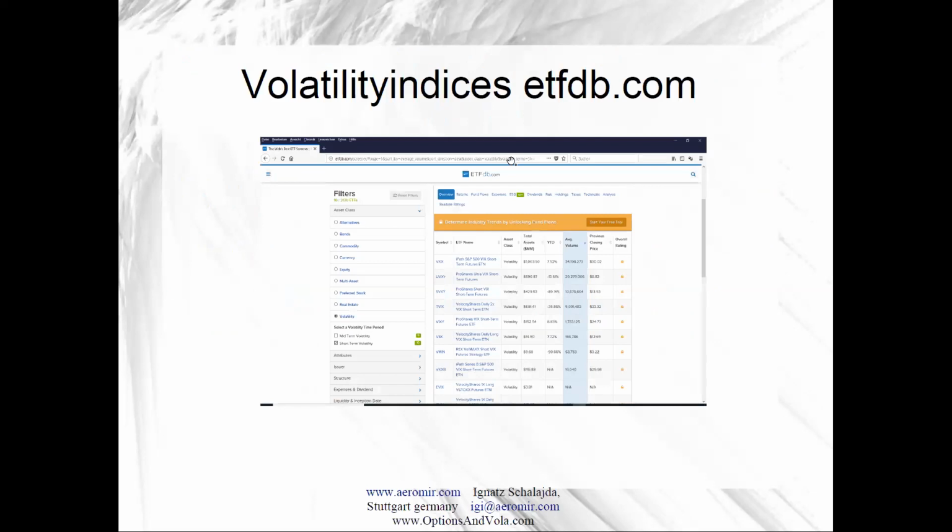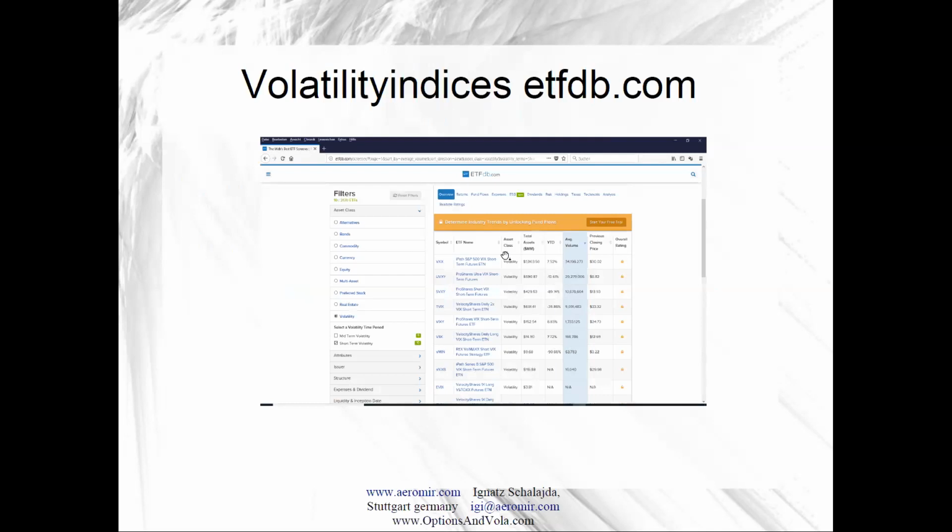So here you can see it at etfdb.com. You go to filters, you go to volatility. Here you can sort short-term volatility or mid-term volatility. I selected short-term volatility in this example.